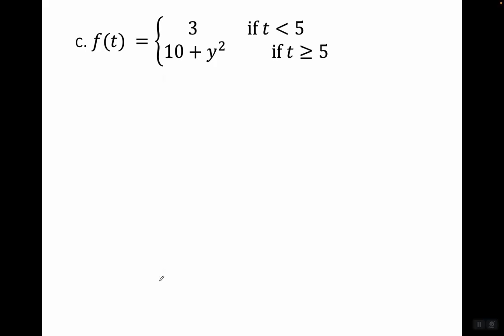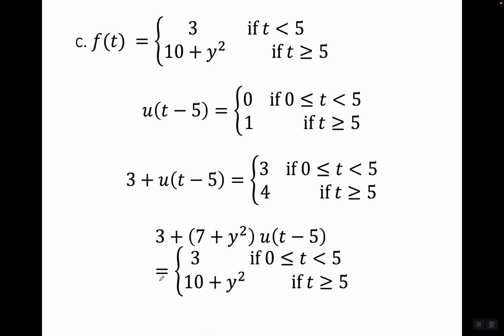How about this? Express this in terms of the Heaviside function. F of t equals 3 for t less than 5, and 10 plus y squared for t greater than or equal to 5. Okay, so u of t minus 5 again looks like this. 3 plus u of t minus 5. We saw that a moment ago. It's going to be 3 for t between 0 and 5.